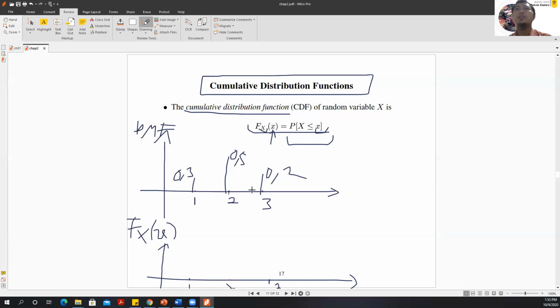Based on the expression, the CDF equals the probability of X below x. So below 1, what is the probability below 1?